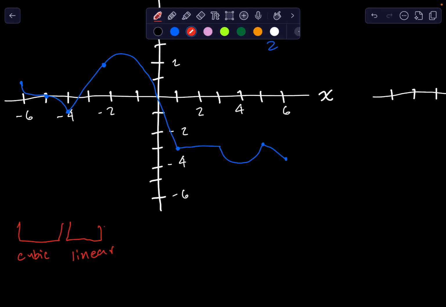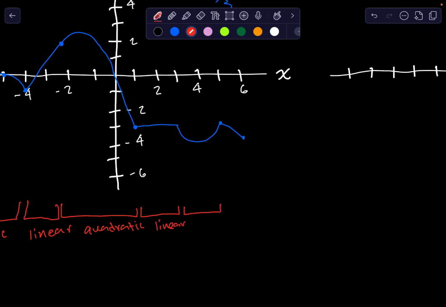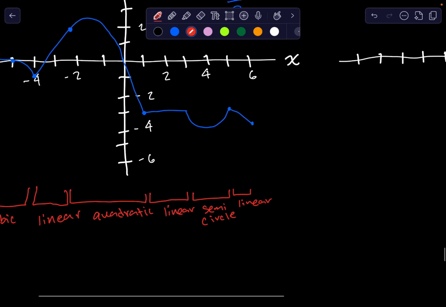And then after that dot, and all the way to here, we have some sort of quadratic function. Then right here, we just have a line, so it's also linear. Right here, we have a semicircle. And then right here, looks like we also have a linear function.